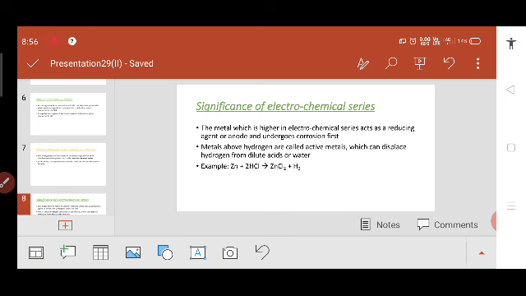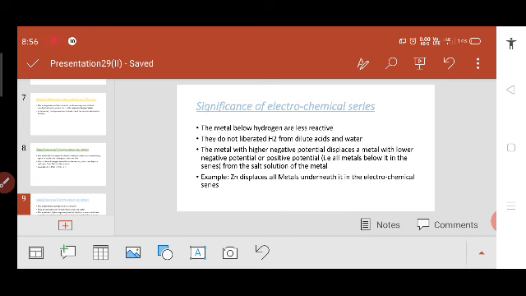The metal which is higher in the electrochemical series acts as a reducing agent or anode and undergoes corrosion. The metals above hydrogen are called active metals, which can displace hydrogen from dilute acids or water. For example, zinc plus 2HCl gives ZnCl2 plus H2.